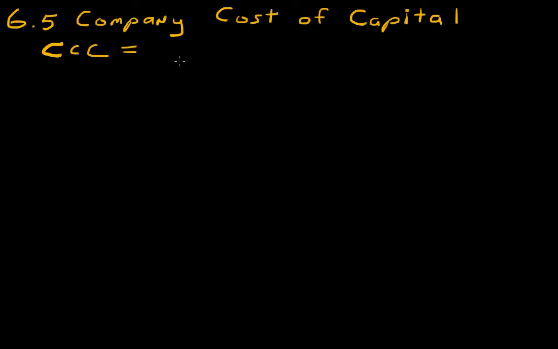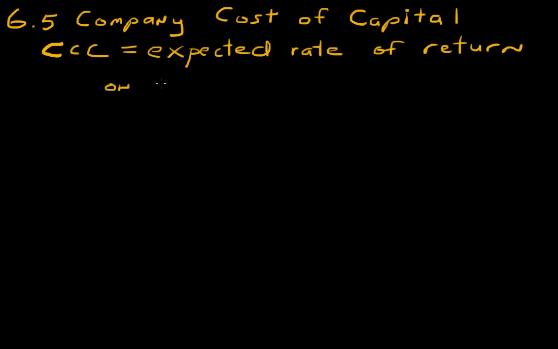And what is company cost of capital? Well, it equals the expected rate of return for the firm's entire portfolio of assets. Recall that we were thinking about the firm as a portfolio of assets, or on the other side of the balance sheet, a portfolio of debt and equity. So the company cost of capital is the expected rate of return on the firm's entire portfolio.